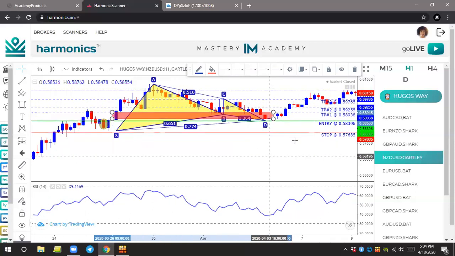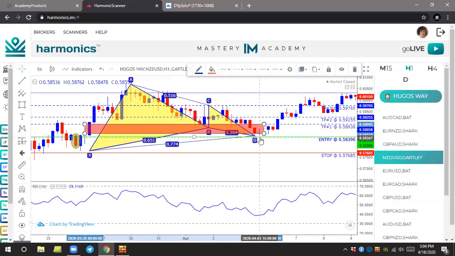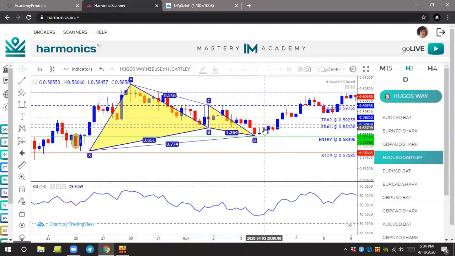So now NZD USD by the harmonic scanner is giving you confirmation that we could see a nice potential buy. Although, guys, we do not see divergence on this pair, right? We're making lower lows, but here on the RSI, we're also making lower lows, right?